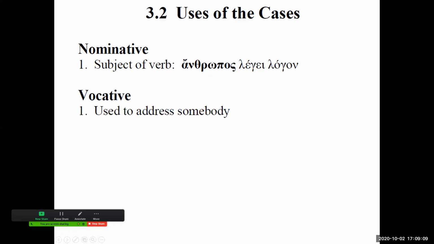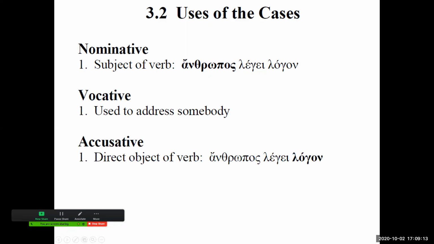The accusative is the direct object of the verb. Anthropos lege logon. A man is speaking logon, a word. We know that logos is the direct object. It's not the subject of the sentence because it's in the accusative form. It has the ending on, not os.